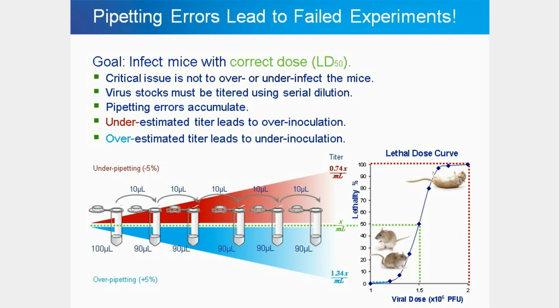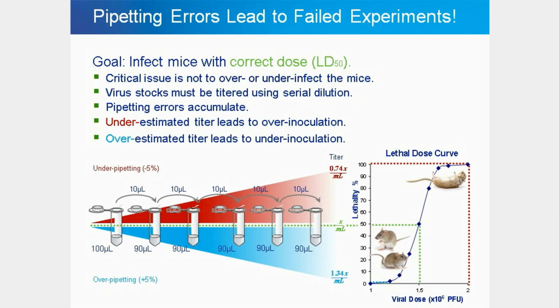The critical issue in preparing the serial dilution is to make sure that the process is accurate so that mice are neither over nor under-infected, since both cases give incorrect results. As shown here, under-pipetting by 5% results in an apparent titer that is only 74% of the correct titer, which in turn leads to over-inoculation and death of all the mice.